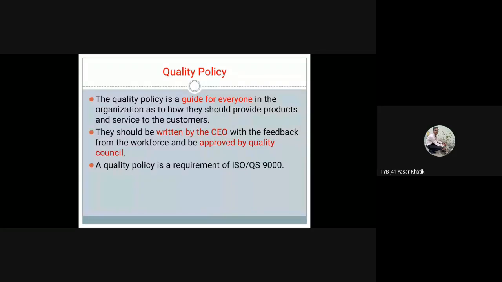Any organization should give assurance to all customers regarding the product that our product will be quality based only. Like this, there is a quality policy booklet, and under the government rules and regulations the organization will follow all the rules. So this is regarding the quality policy.